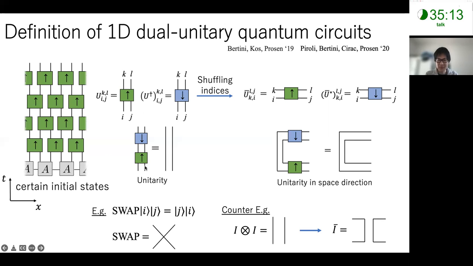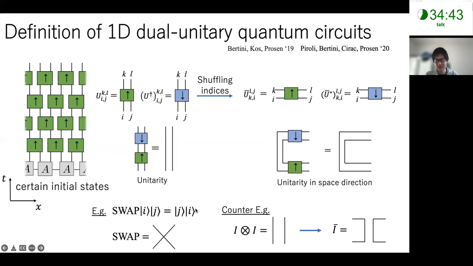Because of unitarity, they satisfy this unitarity condition. But if they also satisfy this unitarity condition in the space direction, we call it a dual-unitary gate. An example is the swap gate. It's trivial if we see it graphically: in the time direction this is a swap gate, and in the space direction this is also a swap gate.